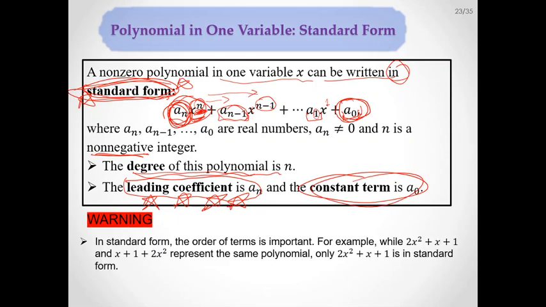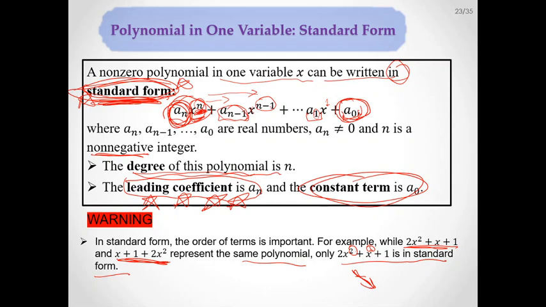And here, I want to emphasize the phrase standard form, because these two polynomials are indeed the same. They represent the same polynomial, but only this one is in standard form. Look at the degrees of the x terms. So it goes increasing. So no, decreasing.